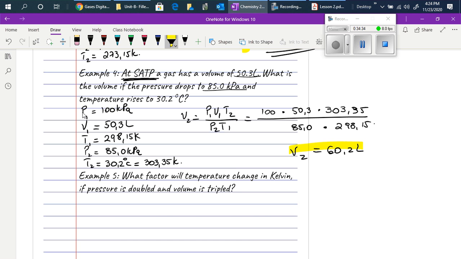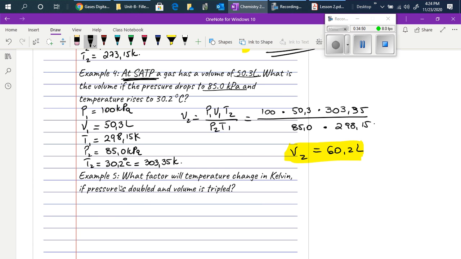And always keep in mind that the final answer should have the correct number of sigdigs.